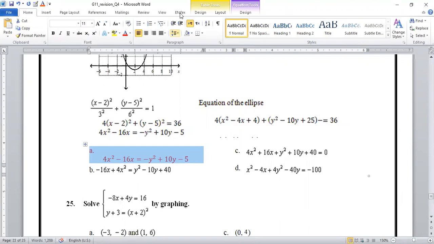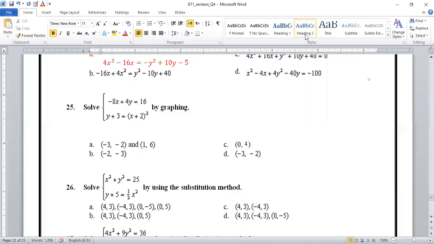Number 25. Solve negative 8x plus 4y equals 16 and y plus 3 equals (x plus 2) squared by graphing. First, we put the two equations in the form of y equals.